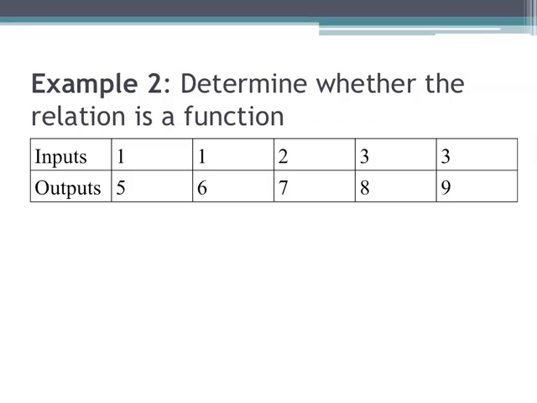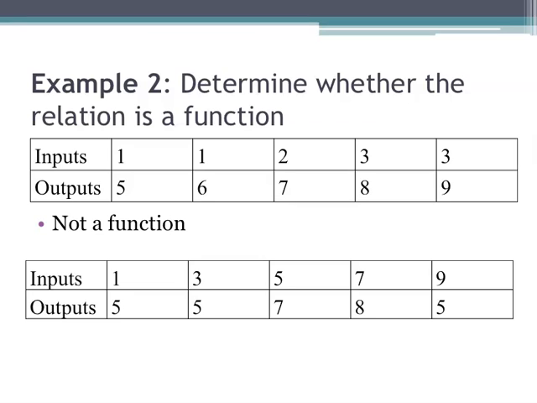For the one input 1, there are two different outputs, 5 and 6. So because we see that, we know this is not a function. In fact, we also have 3, 8 and 3, 9, which is another place which can tell us that it is not a function because 3, the input, has two different y's, the outputs, 8 and 9.